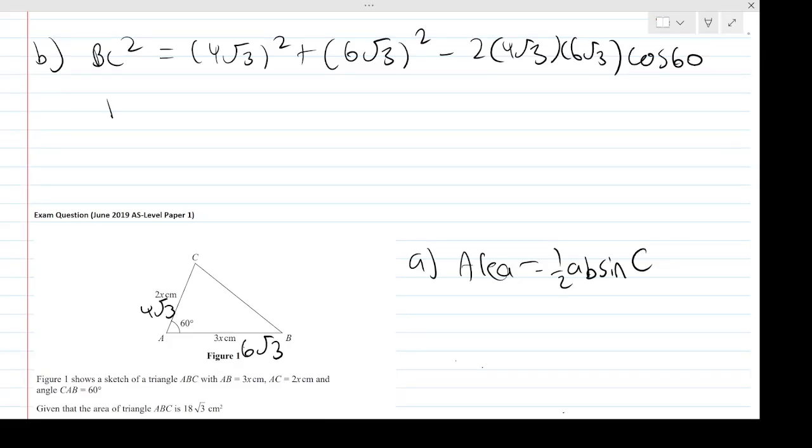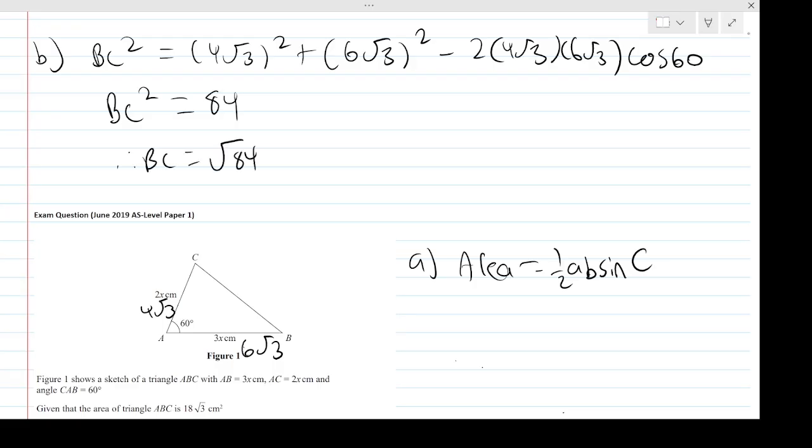And so BC squared, if I put all that in a calculator, I get 84. So therefore BC is going to be root 84.